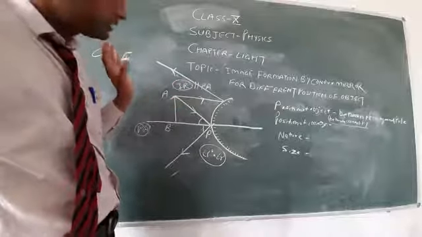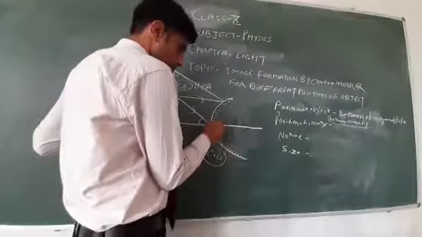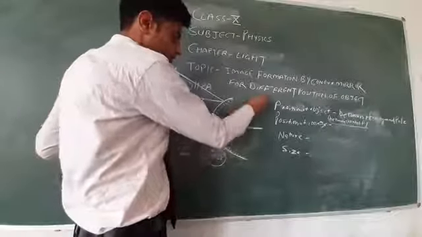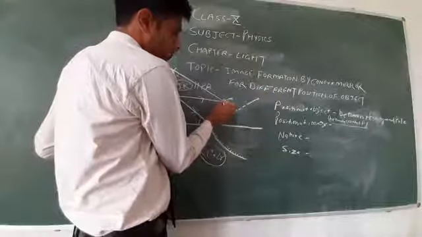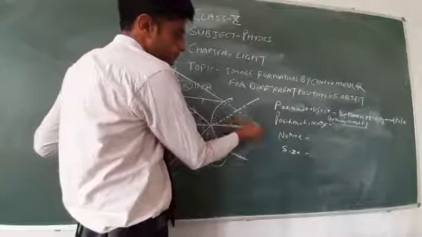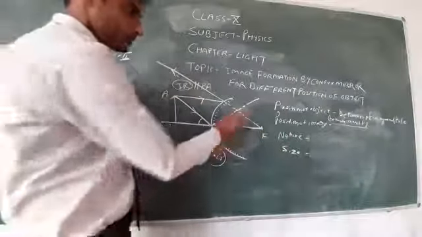You can see clearly. So when produced behind the mirror, these rays intersect at this point.